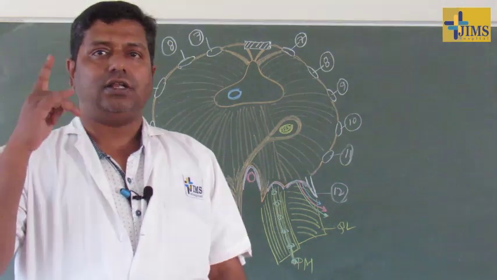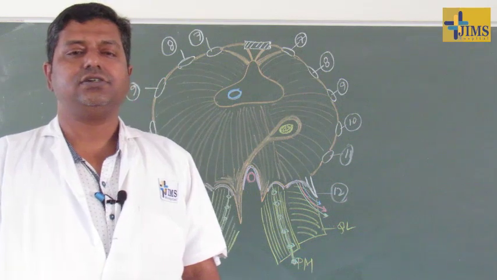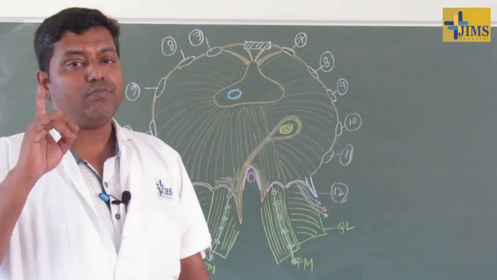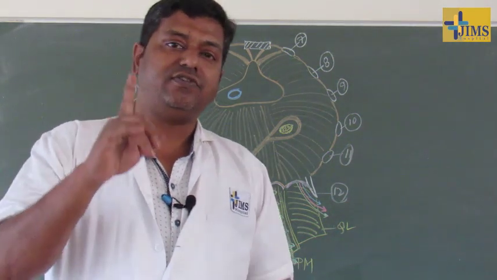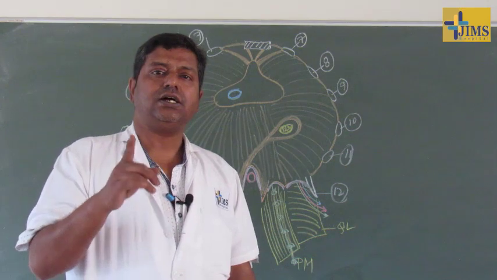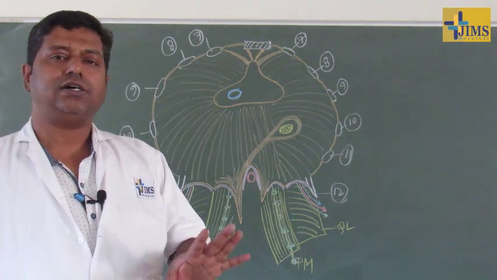And last but not the least, the inferior phrenic artery, which is the first branch of the abdominal aorta. This is about the arterial supply of the diaphragm.